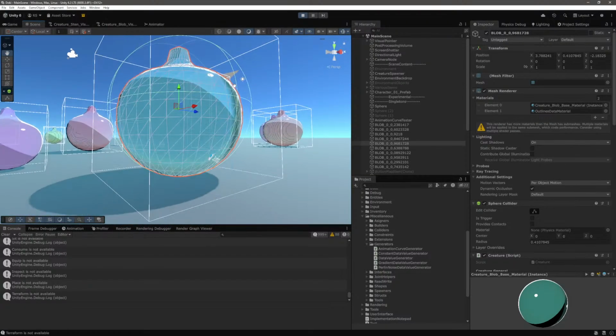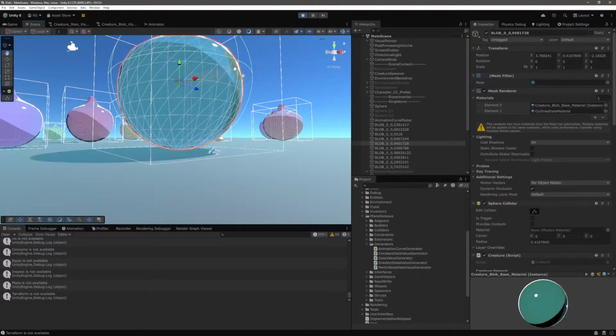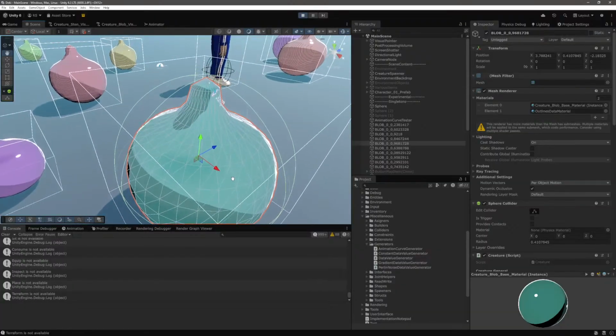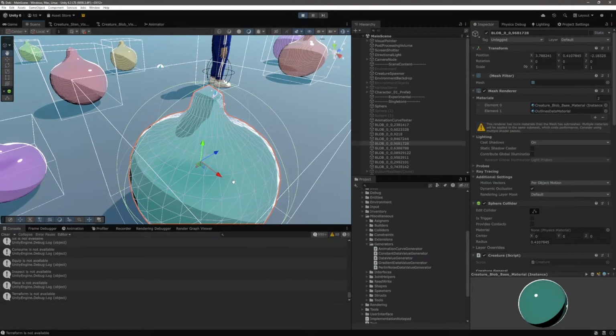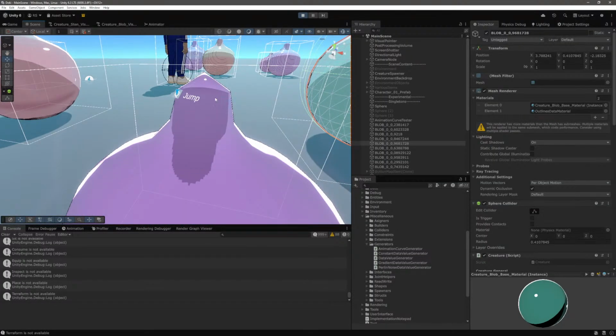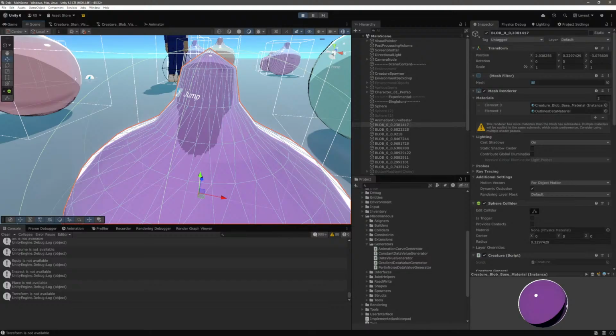But I guess we're gonna have to subdivide it some if we want to get a cleaner top with this. Still, why is it so spiky? I guess it makes sense.